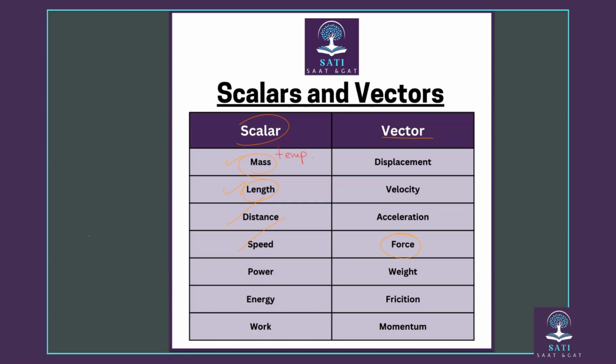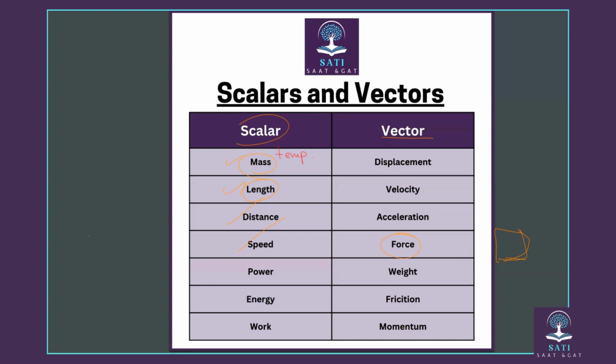If I have a box here, and I tell you to push this box by a force of 5 Newton, you will push it, but will you know which direction to push it? Maybe I mean to the right, but you push it to the left. Maybe I mean up and you push it down, right?